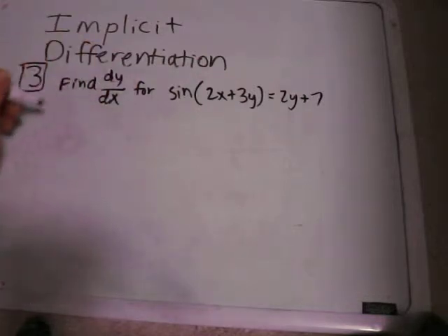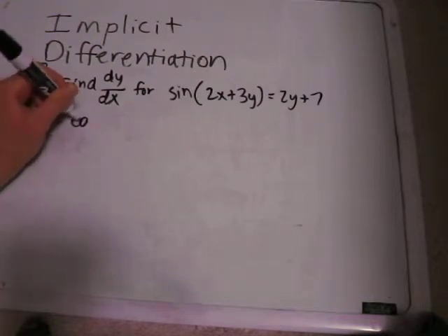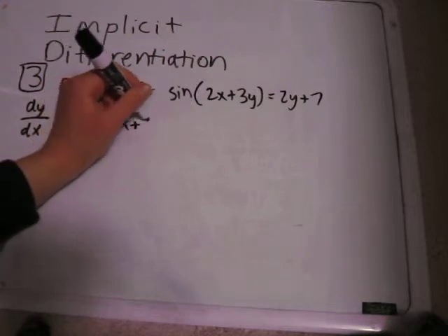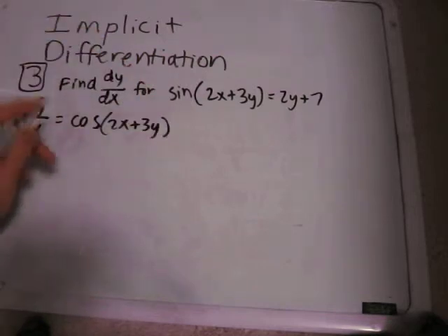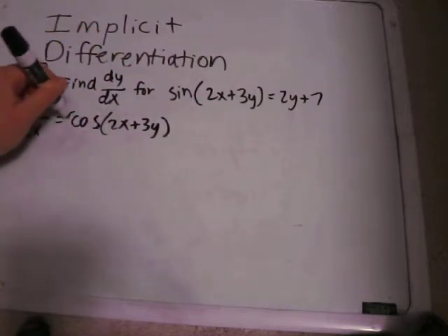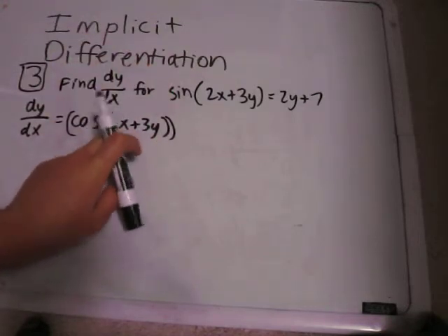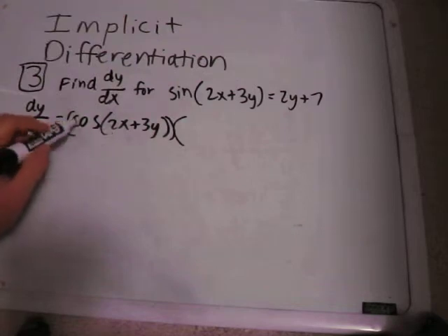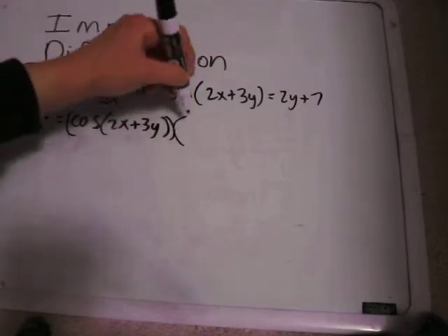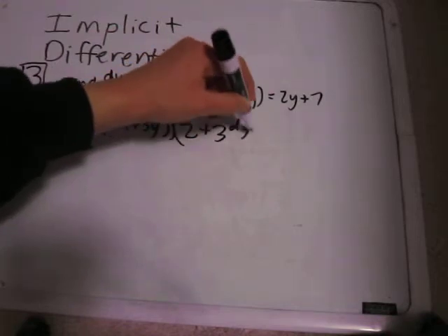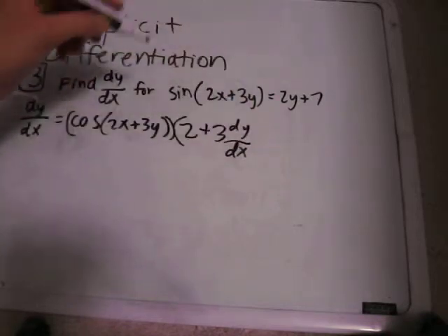So we're going to have dy/dx equals cosine of 2x plus 3y. And then the chain rule means we have to do the implicit differential of this, outside times this. So we're going to have 2 plus 3 dy/dx.